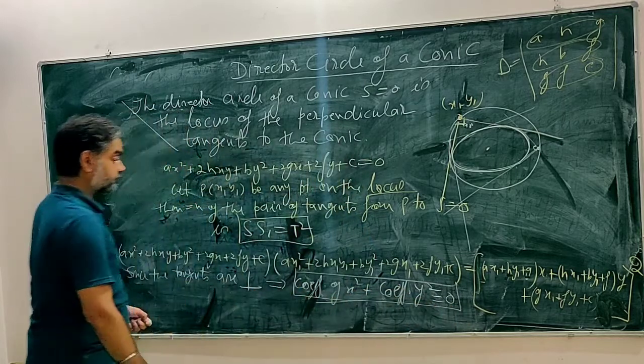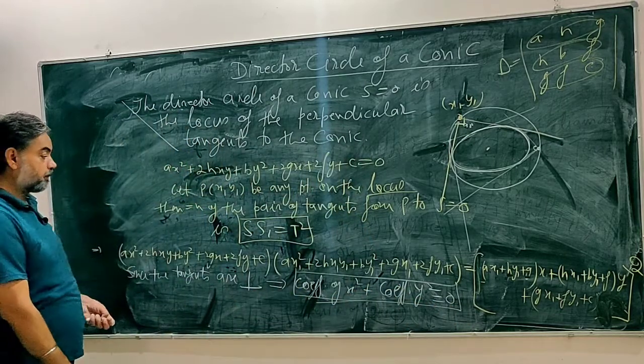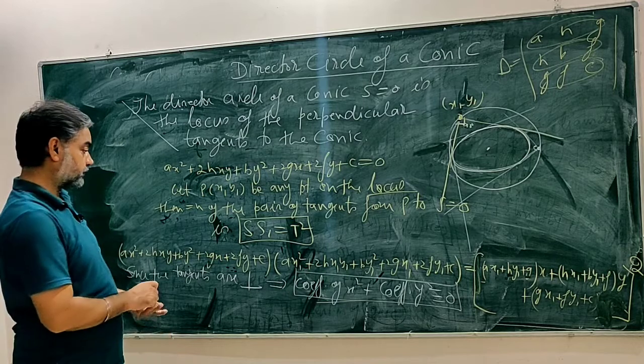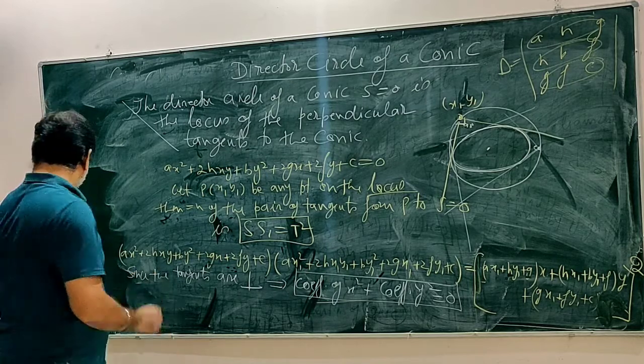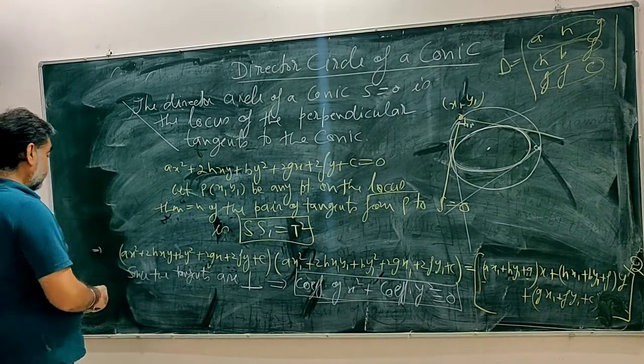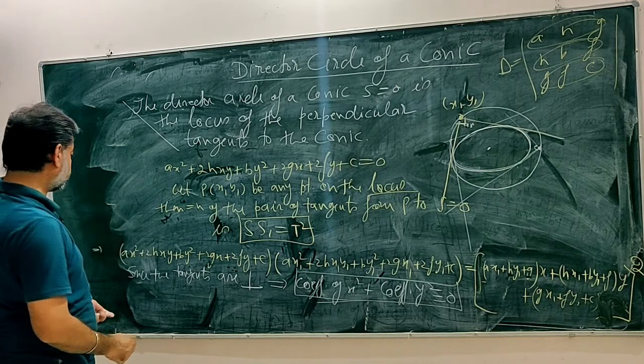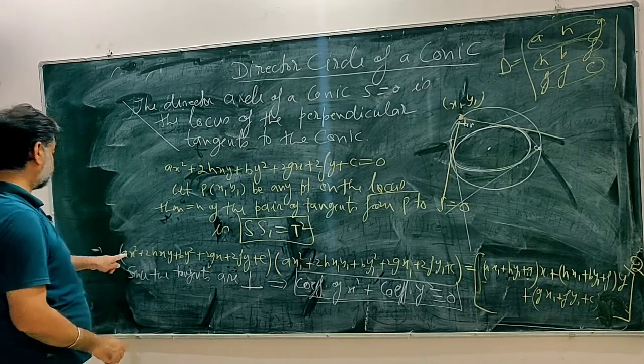So what you do is you find the coefficient of x square and the coefficient of y square and put the sum equal to 0. So what is the coefficient of x square?